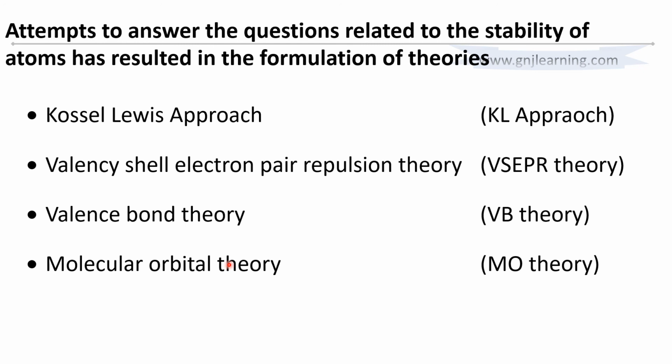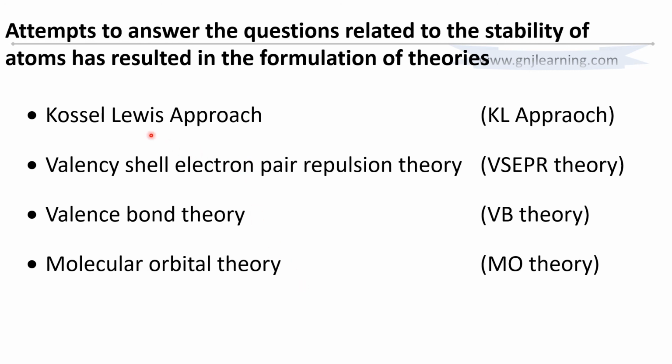So these were the various theories that were put forward in order to explain today's topic, the stability of atoms. They tried to explain the stability of not only atoms but also molecules. So in this chapter we will see all these theories one by one.